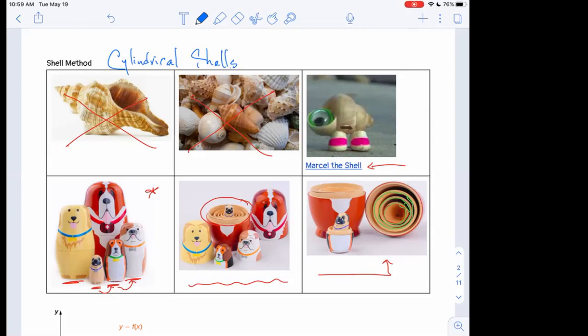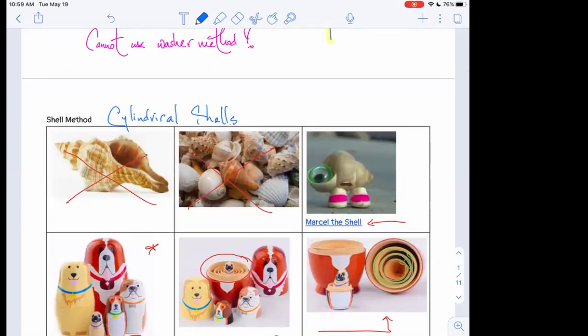You have the cardboard on the inside, and it's kind of like that. That is what they mean when they say cylindrical shell. They literally mean like a roll of paper.